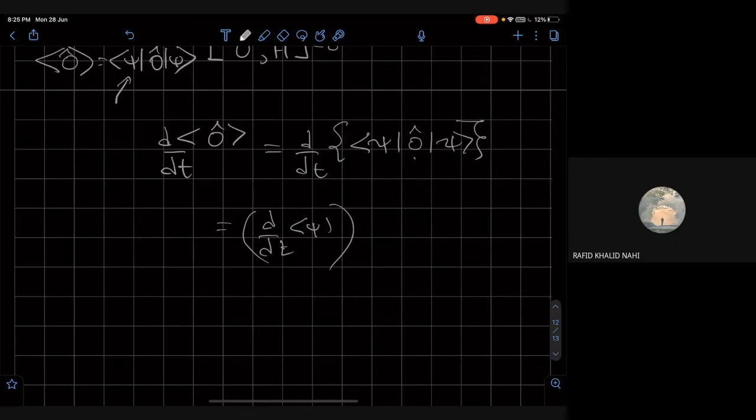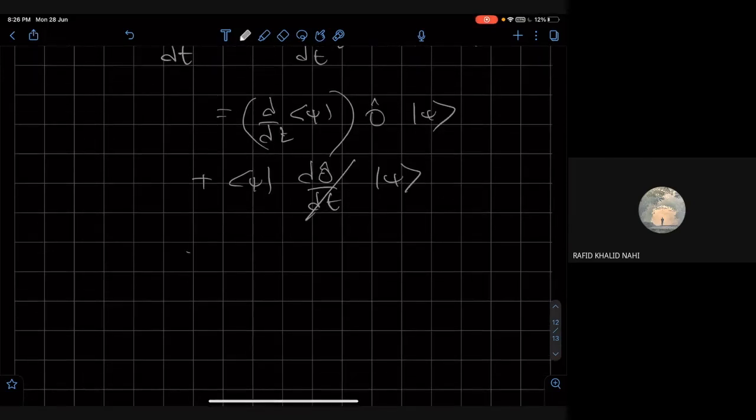So we'll get one term like this, and another term like this, but this will be 0 because O is time independent. And then we'll get another term like this.